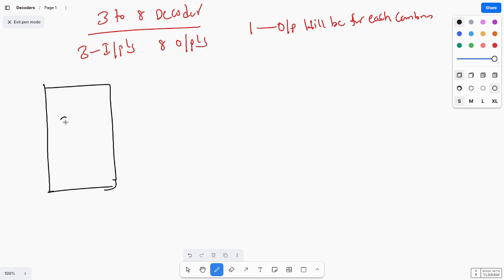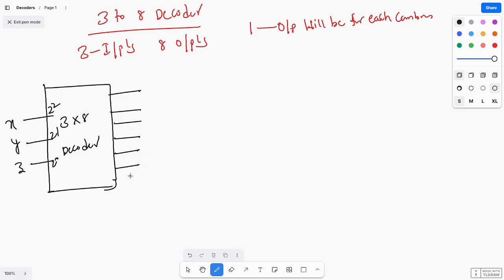Okay, so this is a 3 to 8 decoder, and here you have 3 inputs. Let us take X, Y, Z, which are 2 square, 2 power 1 and 2 power 0. Here 8 outputs will be there: 0, 1, 2, 3, 4, 5, 6, 7.